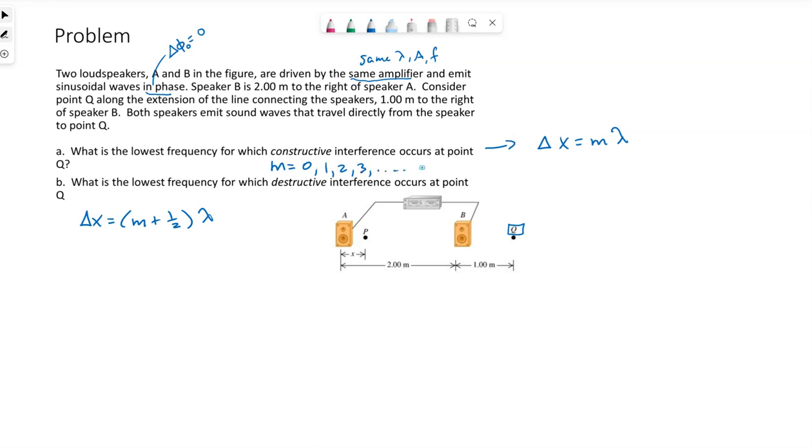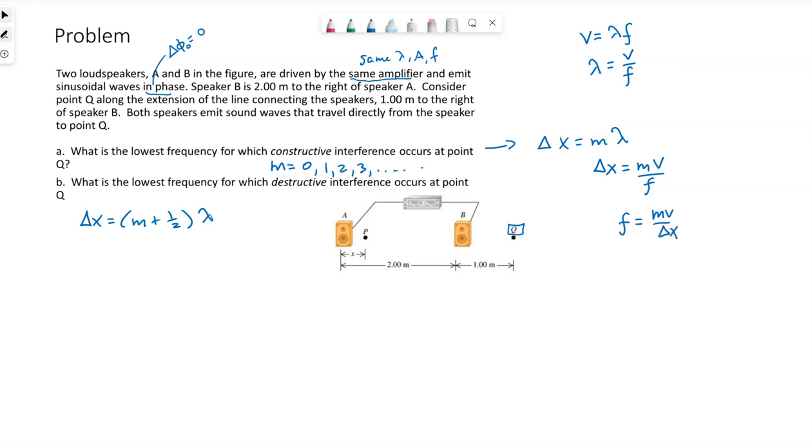It's asking us about frequency, so speed being wavelength times frequency, we can substitute in for wavelength speed over frequency. So our constructive equation becomes delta x is m v over f. So if we solve for f, we're going to have m v over delta x.